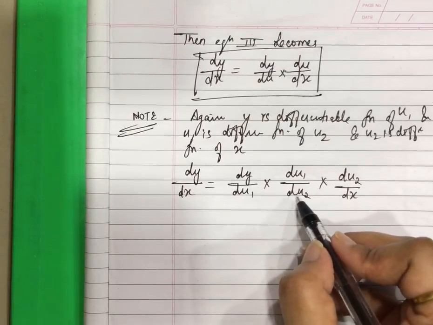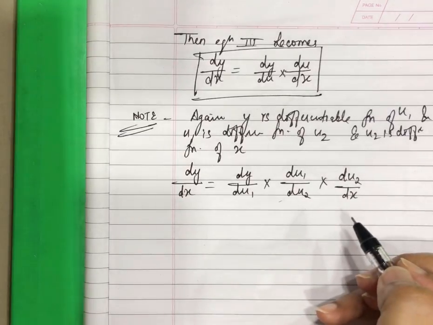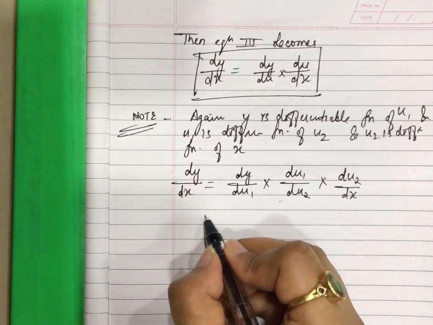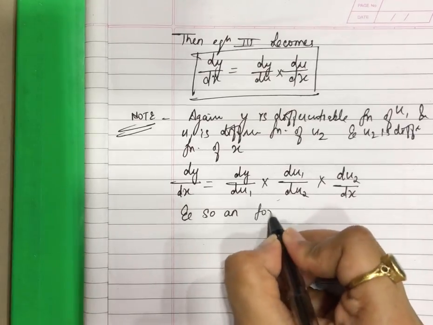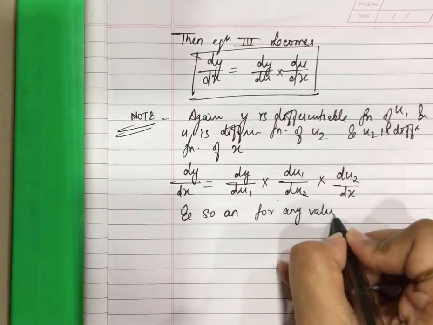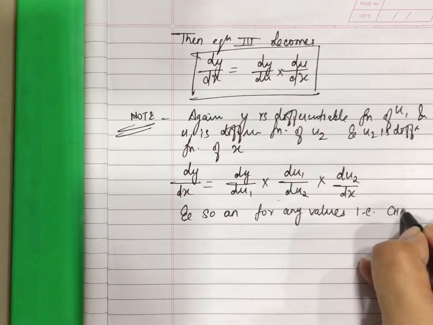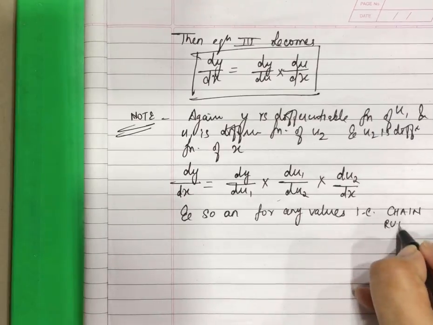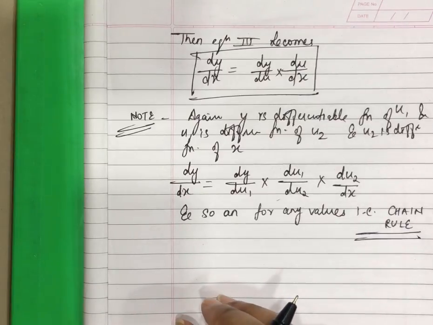Here you can see du2 cancels, du1 cancels, and we are getting dy by dx. The same goes on for any number of values. That is the chain rule. This is our main chain rule.